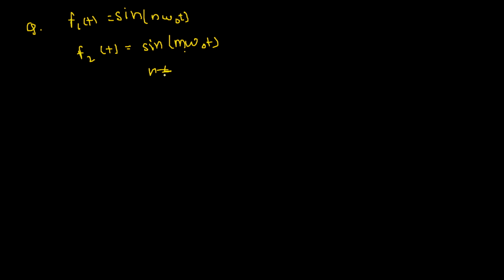Usually in orthogonality, the questions that they give are related to sine or cos or e to the power some function. So let's just have a look at one question where f1 of t is given as sine of n omega naught t, and f2 of t is given as sine m omega naught t, and n is not equal to m.